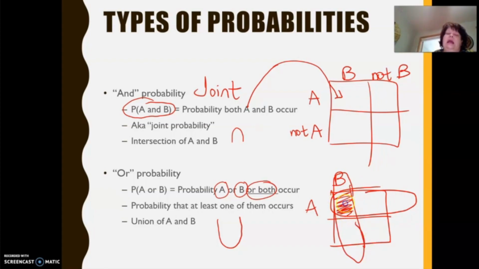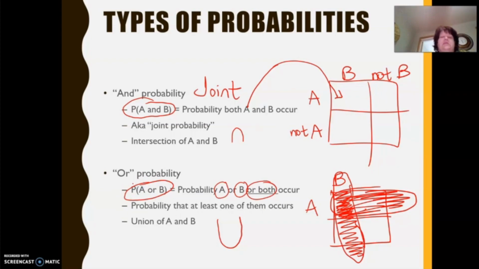So you see they kind of get double counted in there. We'll take care of that in the formulas, but that's the idea. Anybody in A, anybody in B, and anybody in both. That's what A or B means. It means A is good enough or B is good enough.